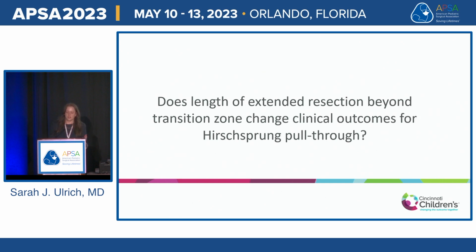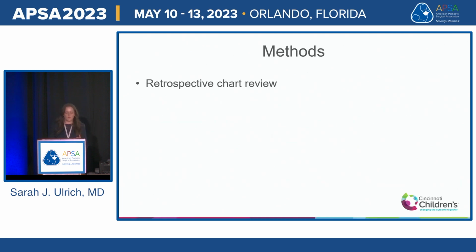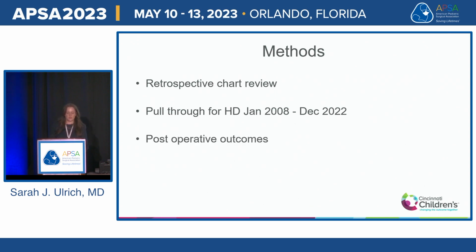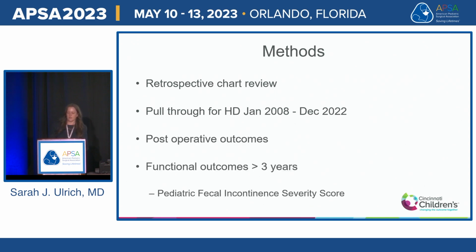So we wanted to know if the length of the extended resection beyond the transition zone changes clinical outcomes for Hirschsprung disease pull-through. We performed a retrospective chart review of all patients with Hirschsprung disease who underwent pull-through at our institution from January 2008 to December 2022. We assessed postoperative outcomes as well as functional outcomes for children over 3 years old with the Pediatric Fecal Incontinence Severity Score.